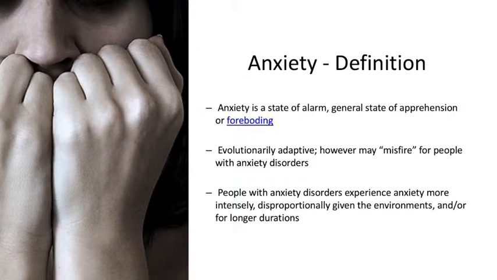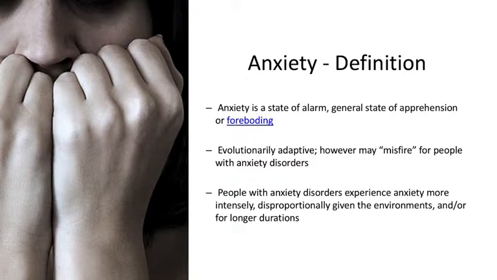And anxiety is the body or the brain's way of preparing you for this threat. It prepares you to either fight, flee, or freeze in that particular situation. So overall, the feelings or the sensations of anxiety are extremely evolutionarily adaptive.